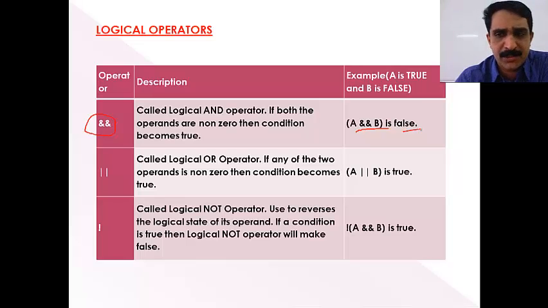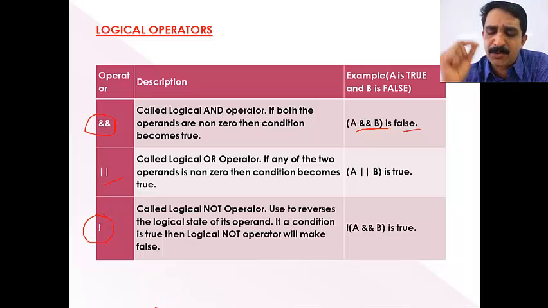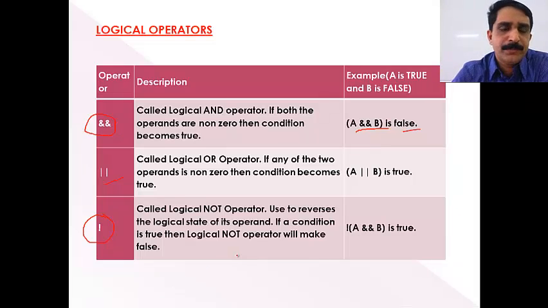OR operator means A or B. For A and B, both conditions should be true, then only the result will be true. A or B means if any of the conditions is true, then the result will be true. And NOT is just the opposite. For example, I am sharing, I am not sharing. You can say that NOT means the logical opposite. So if I say A is true, NOT A is false. Hope you remember all these things from the truth table which we studied in our 150A.